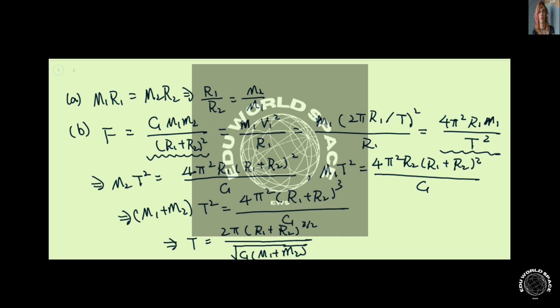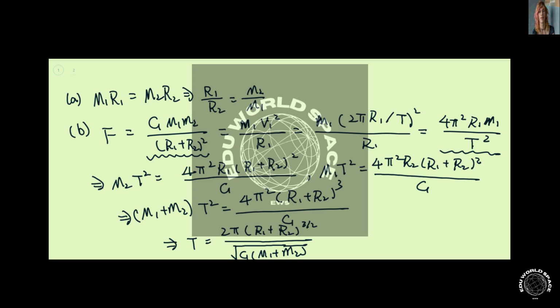Since the velocity is the circumference divided by the period, we plug in here and have 4 pi squared r1 m1 divided by the period squared. So this one is the force between the two stars.